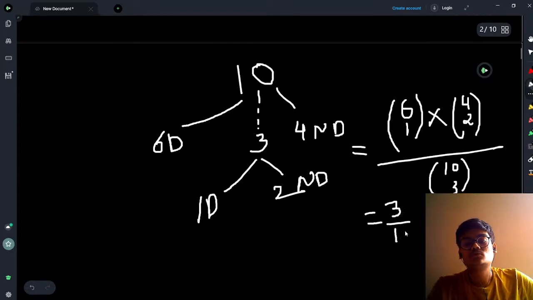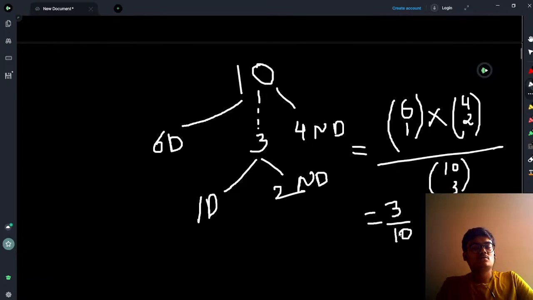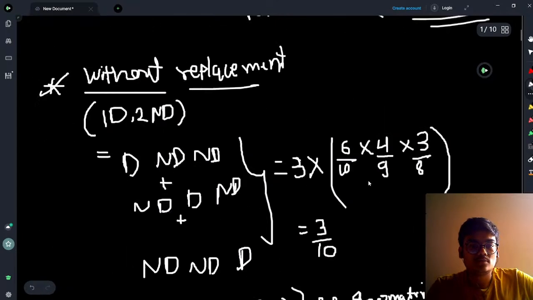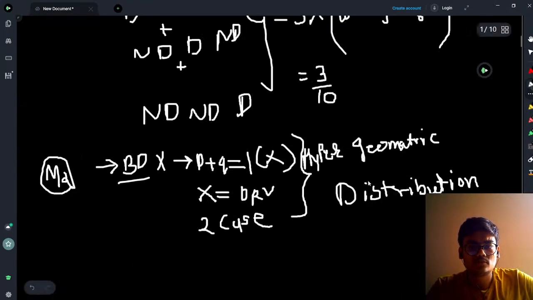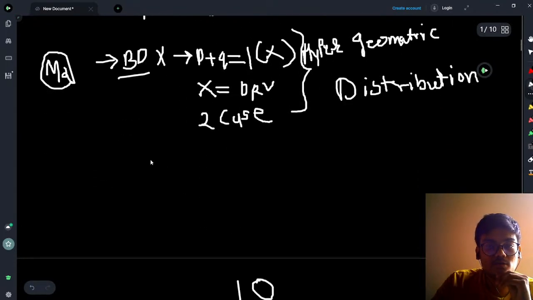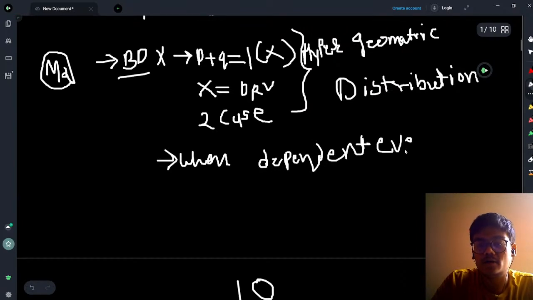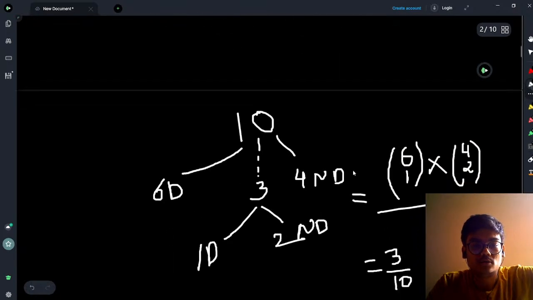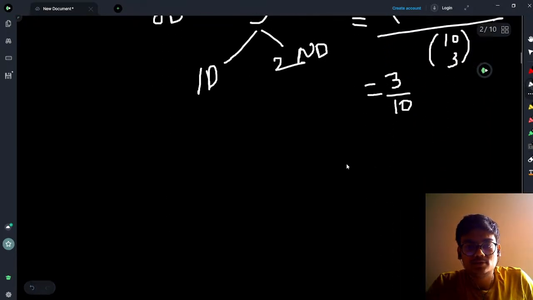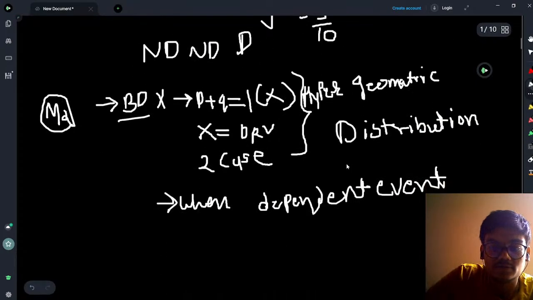So what is this method called? This method is called hypergeometric. The hypergeometric method is used when we can't have independence, when the events are dependent, as I mentioned here. Why are they dependent?